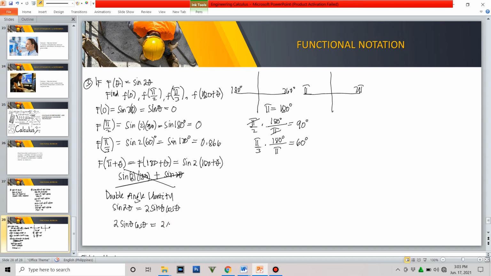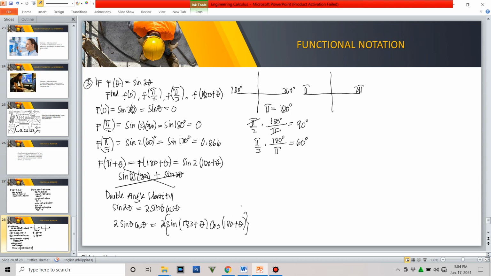So retain the 2, just copy the angle. So we have here 2 sine, the angle is 180 plus theta. So that is also the angle of the cosine. So cosine 180 plus theta. Okay. So again, do not distribute that one. It's fairly wrong. So perhaps you can separate this by a bracket here.